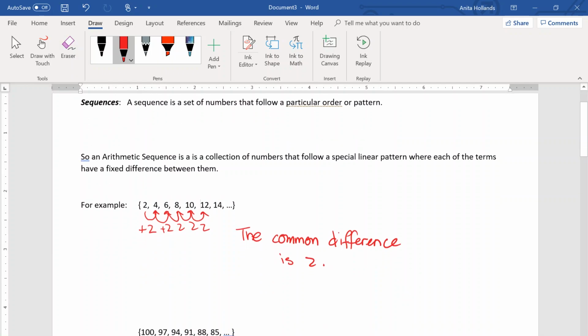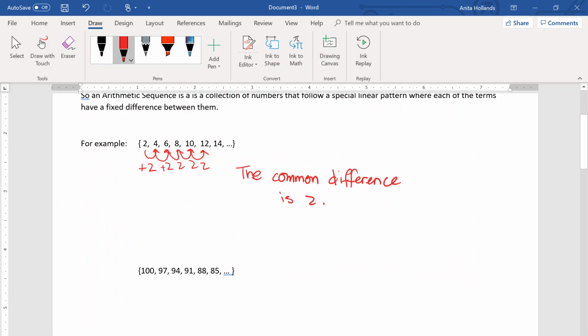Let's take a look at another example here. In this example, our first term is 100, but you'll notice that getting to the second term, I would have to subtract 3 from the first term. Similarly, to get from the second term to the third term, I would have to subtract 3.